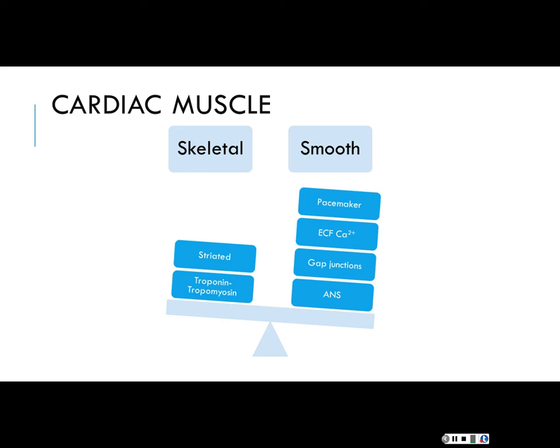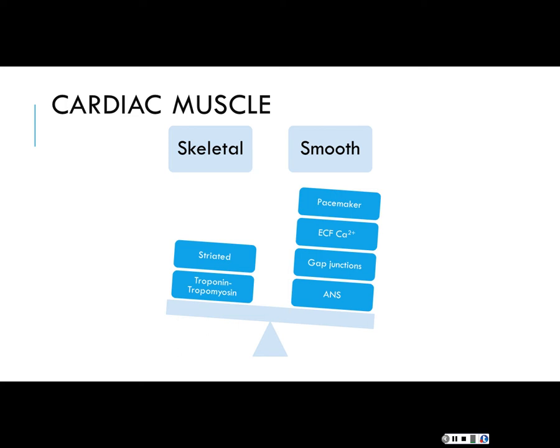Skeletal muscles, we said they are striated. And within those striations, making up those striations, you have your thin and thick filaments. And if you recall, our thin filaments have actin, but they also have what? Troponin, and then also tropomyosin.